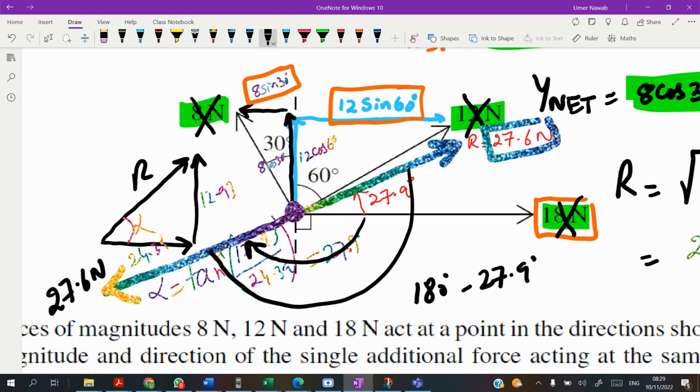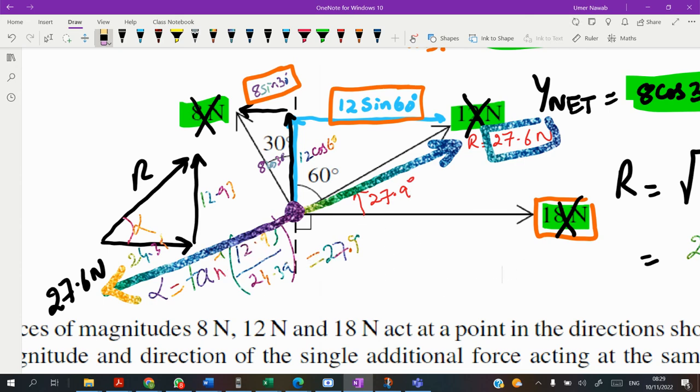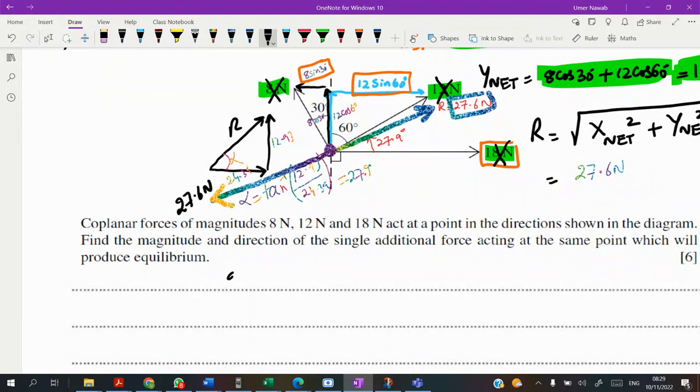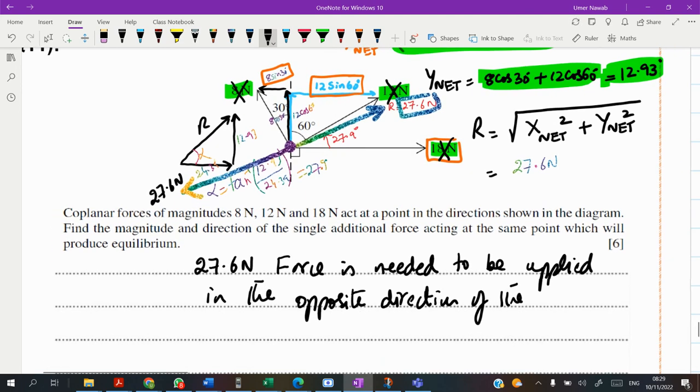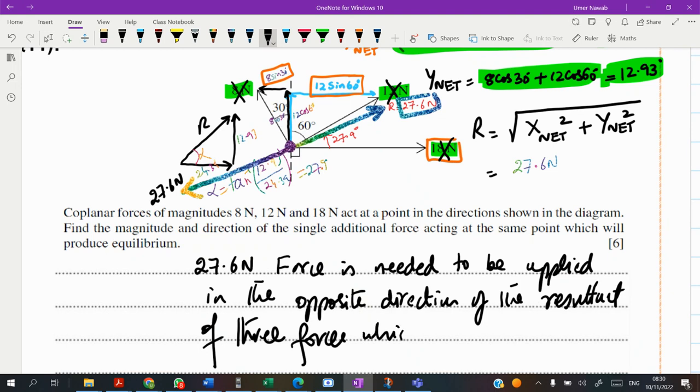In the exam I can mention here that a 27.6 newtons force is needed to be applied in the opposite direction of the resultant of three forces, which makes 27.9 degrees with 18 newtons.